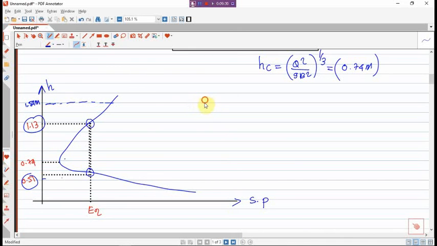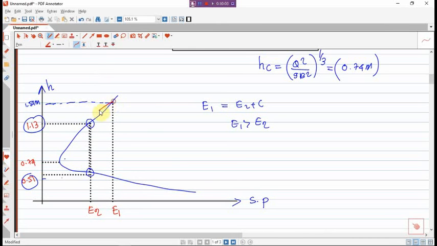We already know E1 is equal to E2 plus the elevation difference, so always E1 is greater than E2. This is E1. So water has to move from E1 to E2, right?